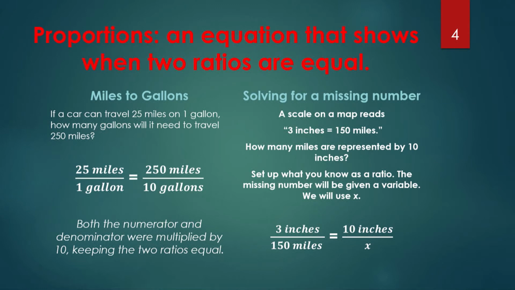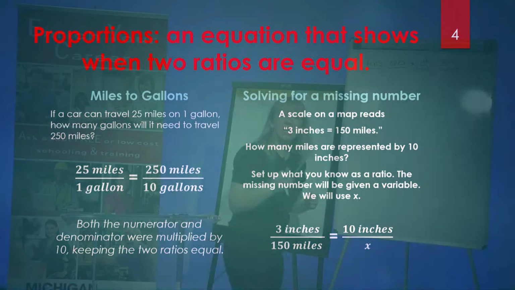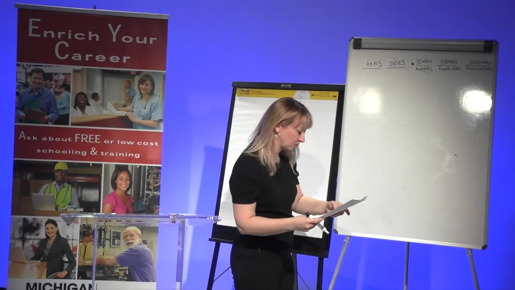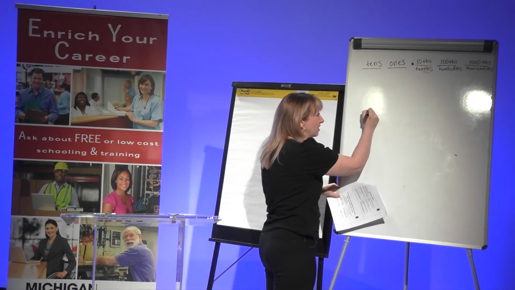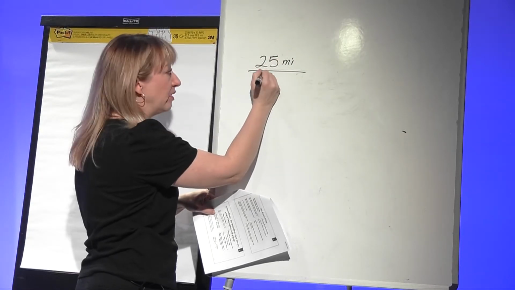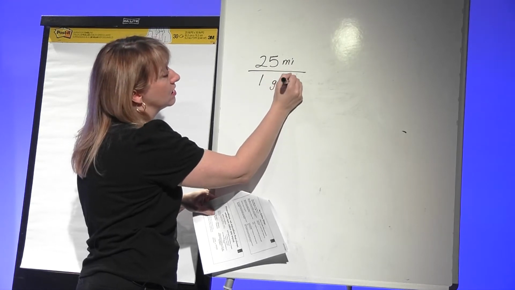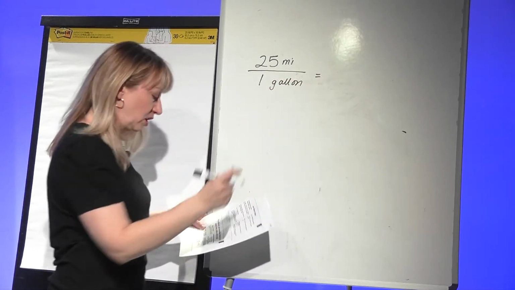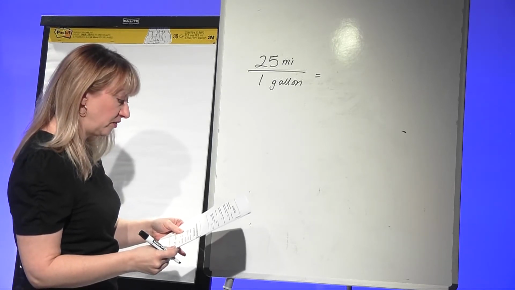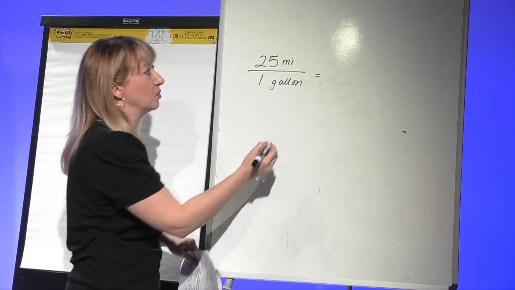We're going to write that up here on the board, again, just to break it down a little bit. And again, you want to use what you already know about the problem. For this particular car, we know that the driver can drive 25 miles on 1 gallon. But the question is asking us, this person needs to go 250 miles. How many gallons will they need?